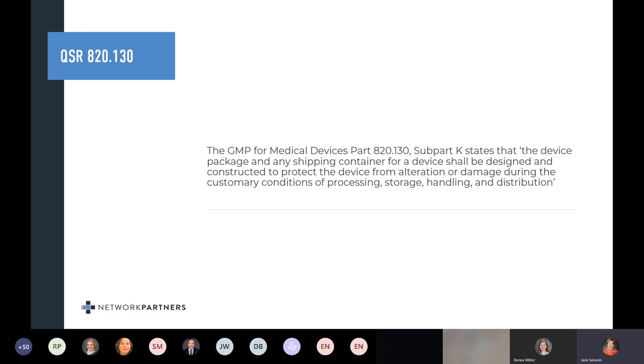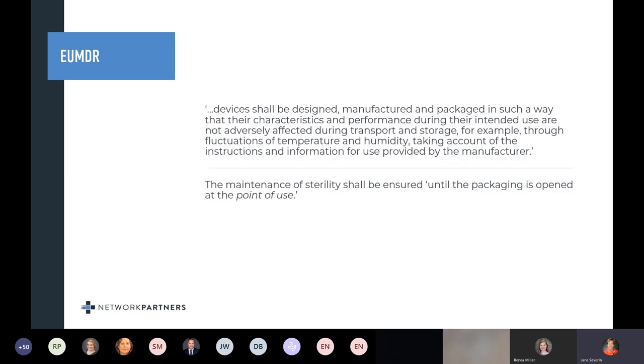The EU MDR states that devices shall be designed, manufactured, and packaged in such a way that their characteristics and performance during their intended use are not adversely affected during transport and storage. For example, through fluctuation of temperature and humidity, taking account of the instructions and information for use provided by the manufacturer.